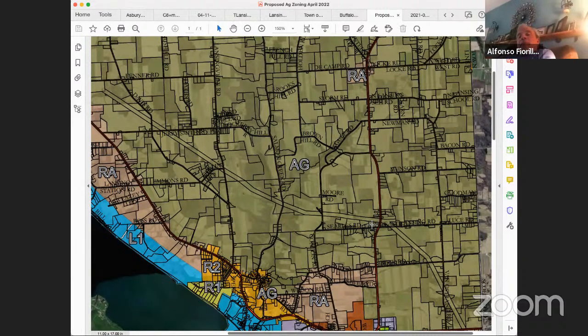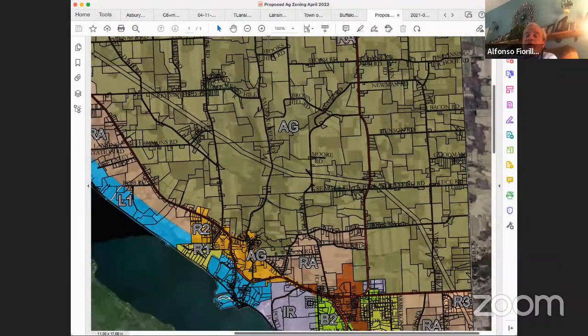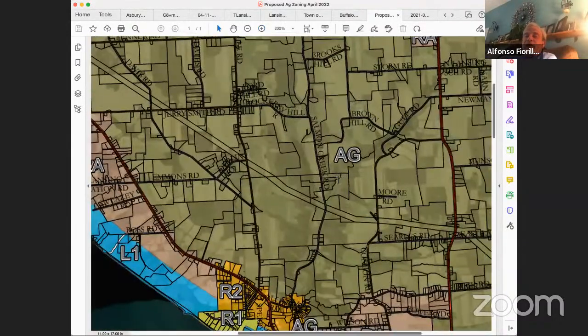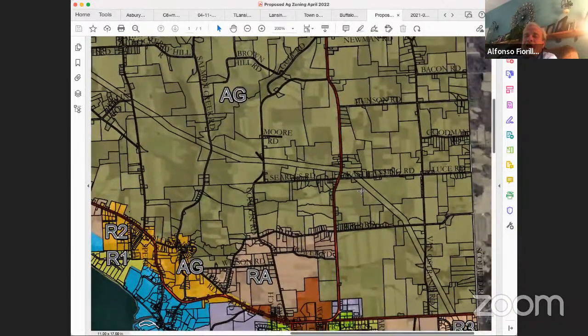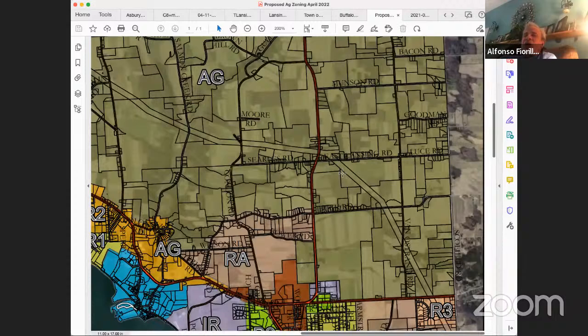Well, part of it, if you go south of Cyril's Road, you've got a house that has a catering business in it. Then you've got the horse farm. Then you've got a mini storage. You've got a landscape business. So you do have some mixed use there. So that RA maybe should go at least to Cyril's Road, or south of Cyril's Road, along 34 is what I'm thinking.